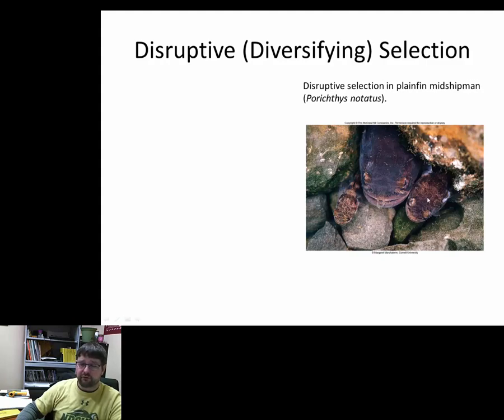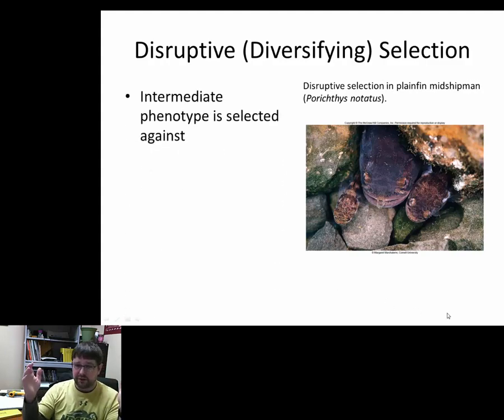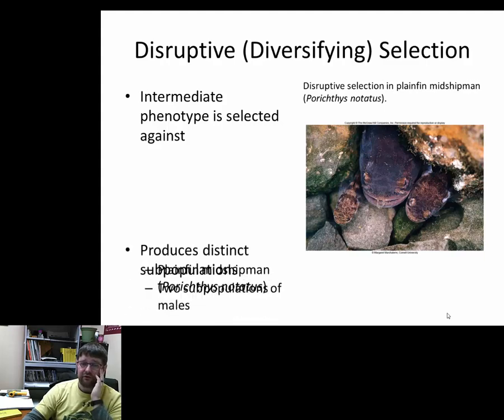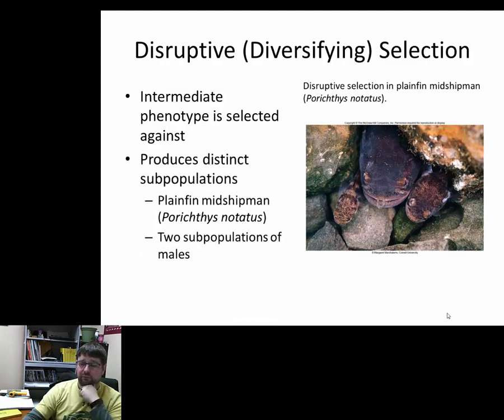The sneaker male will fertilize some of this female's eggs. And so you get these intermediate phenotypes, those medium-sized individuals, that are selected against. If you're not big enough to hold the territory, but you're not small enough to sneak in, then you're going to be out-reproduced, and there's no reason for you to occur in the population.